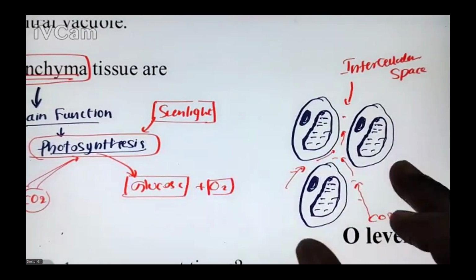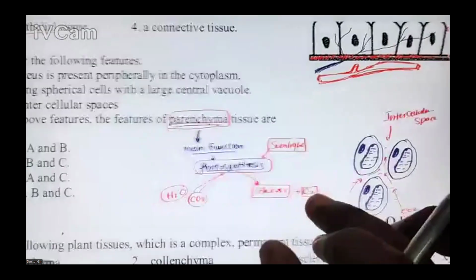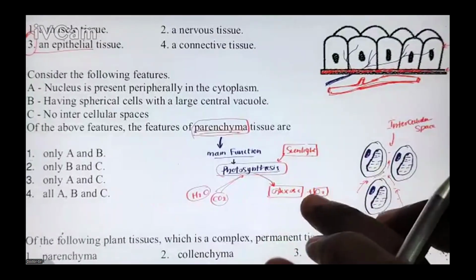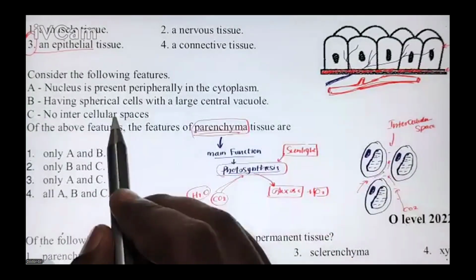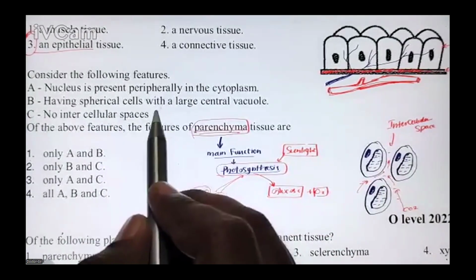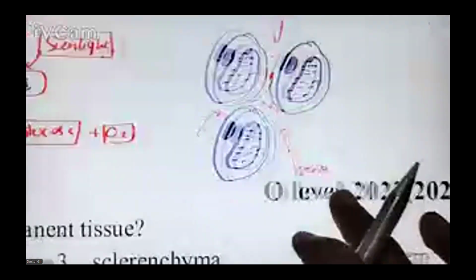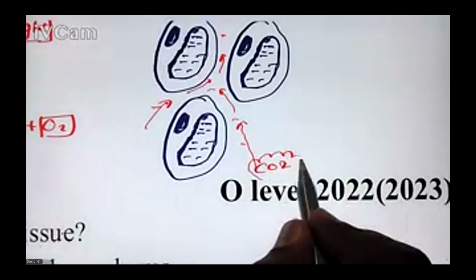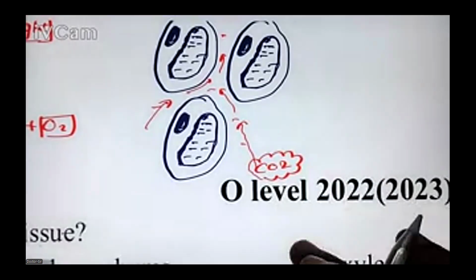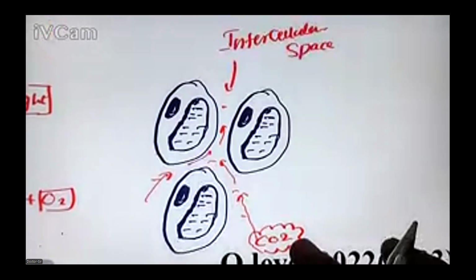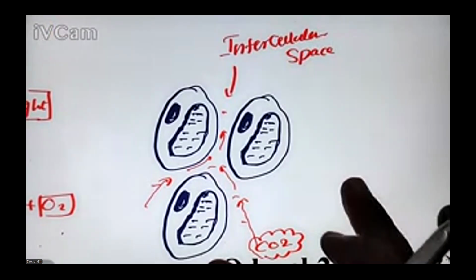So now tell me which one is correct. No intercellular space, is it correct or wrong? It's wrong. They need intercellular space to transport these gases, so intercellular space is very important.